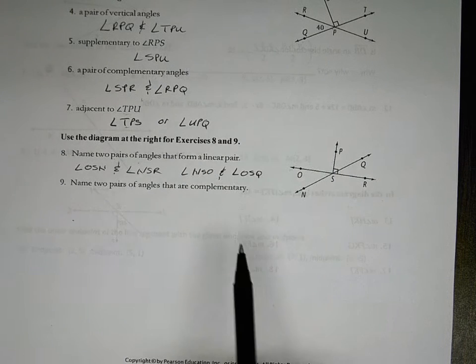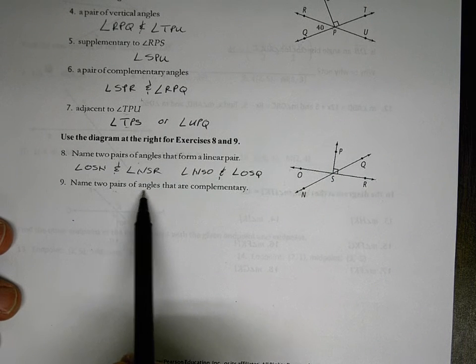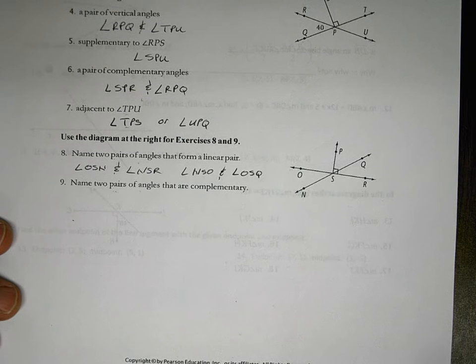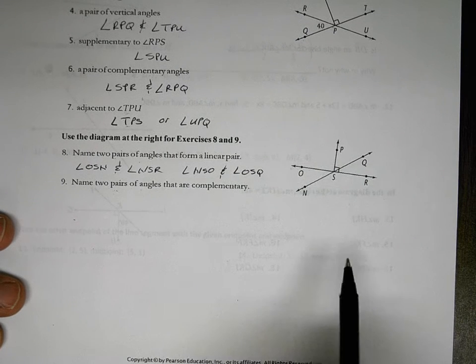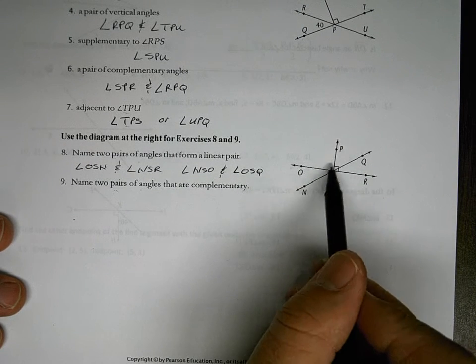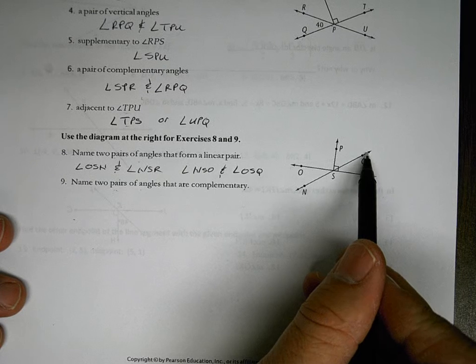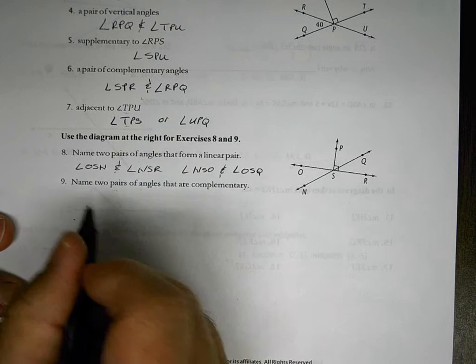All right, name two pairs of angles that are complementary. So, oh, this is a good one actually. Well, the obvious one is angle PSQ and angle QSR.